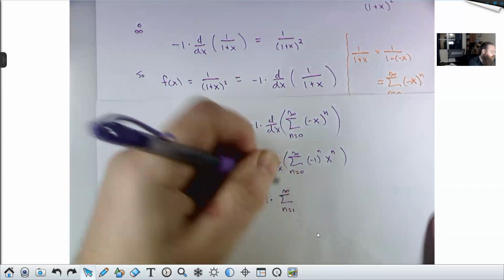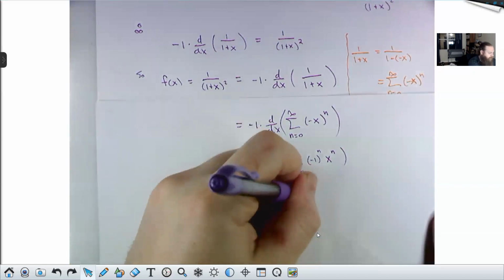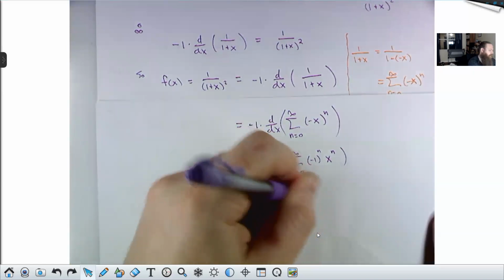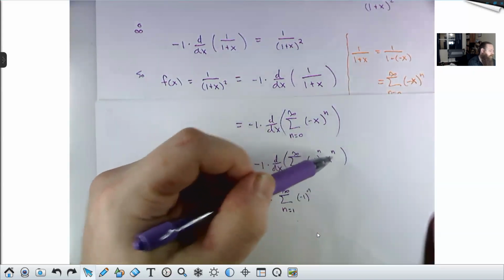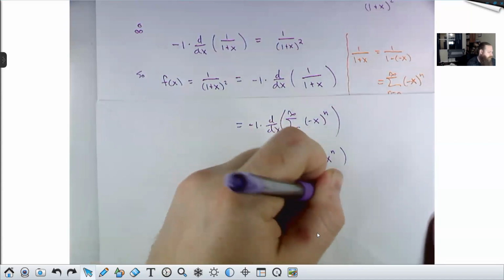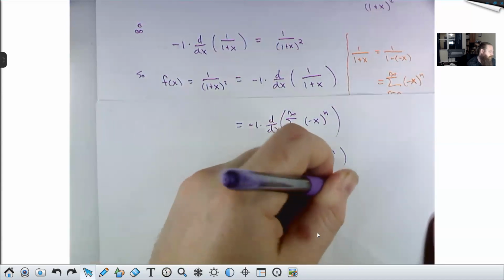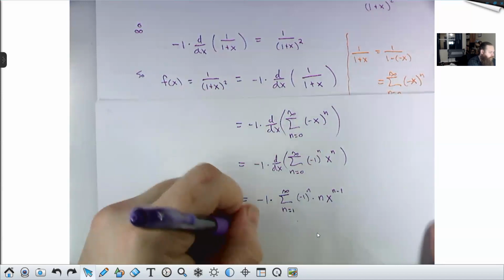That happens only when you differentiate and only when the series you're differentiating has a constant term. The derivative ignores everything else, ignores the sigma, ignores the negative 1 to the n. But when it gets to this piece, it says, I know what to do with you. The derivative of x to the n, as it always has been, is n times x to the n minus 1. Now we can shuffle this negative 1 in.